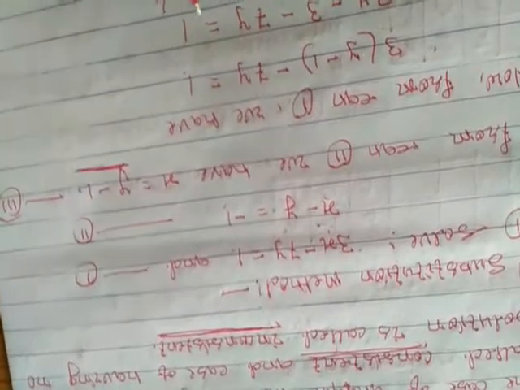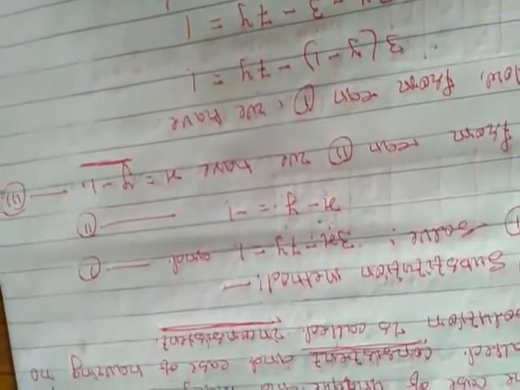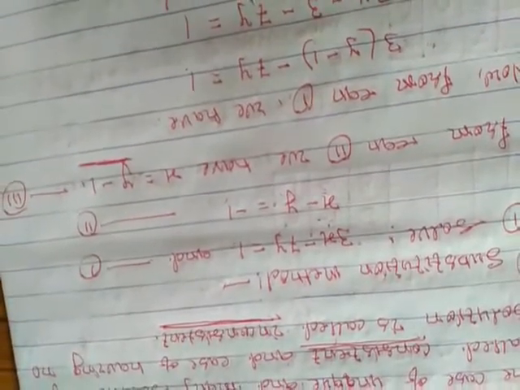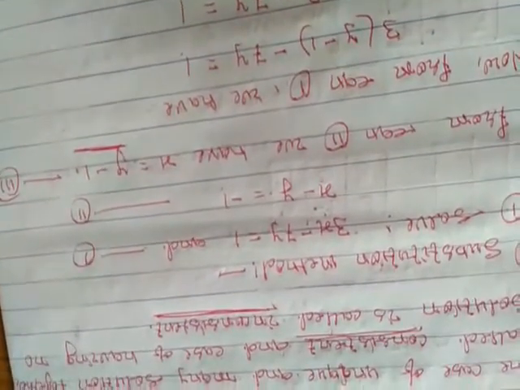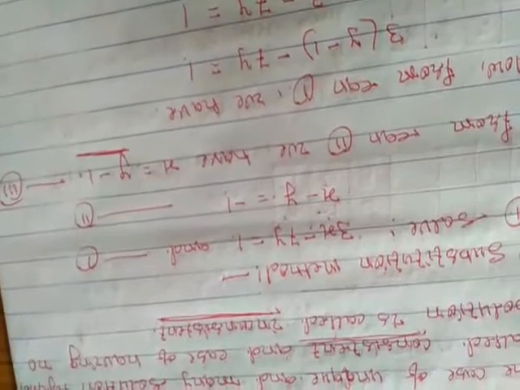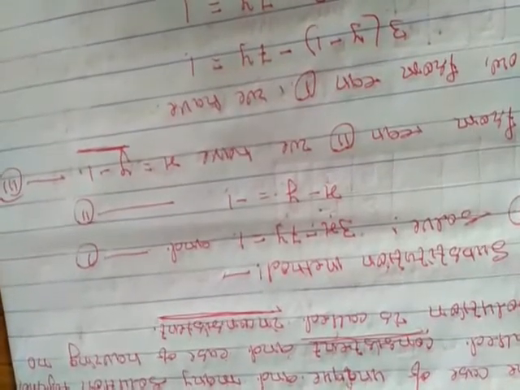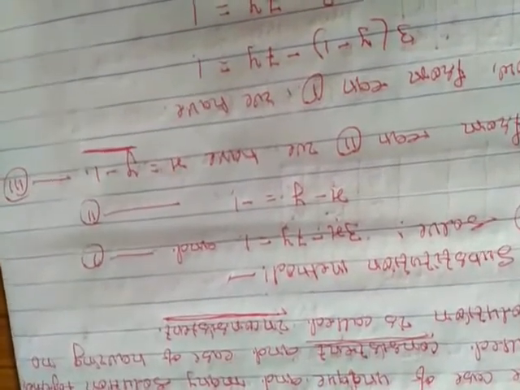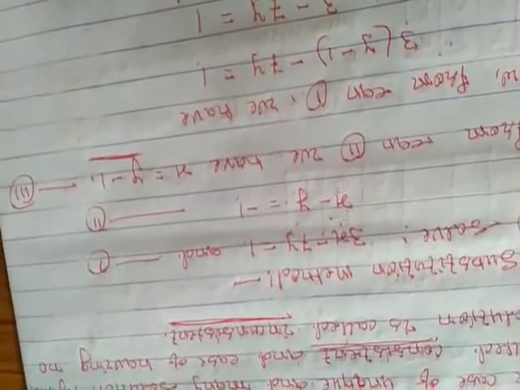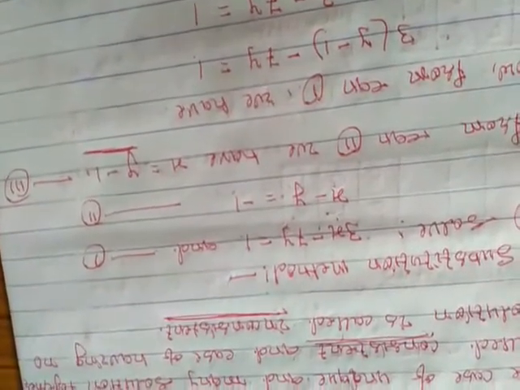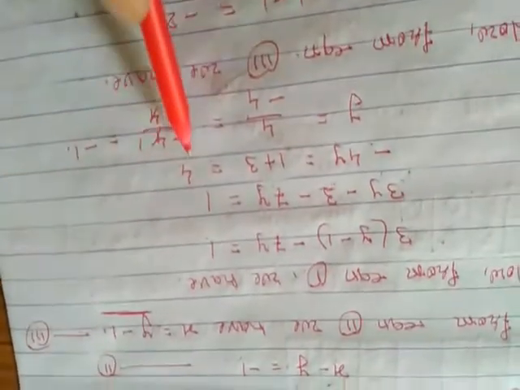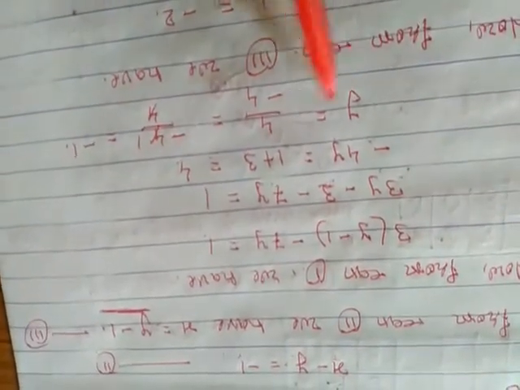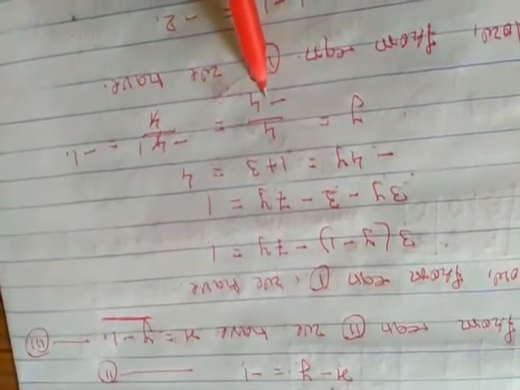Here 3y and 7y are like terms but having opposite signs, so they will be subtracted. So plus 3y minus 7y becomes minus 4y, and minus 3 should be transposed to the RHS, then it becomes 1 plus 3, that is equal to 4. So y equals 4 by minus 4.